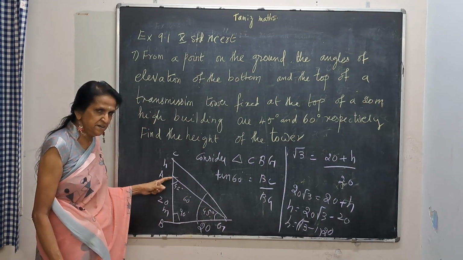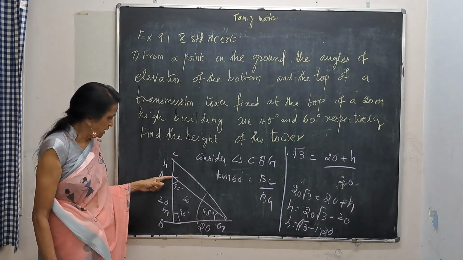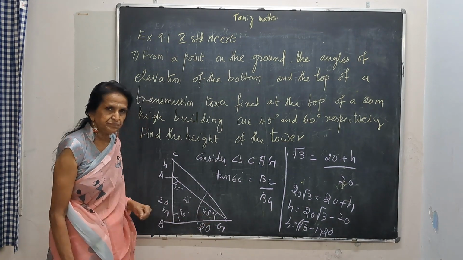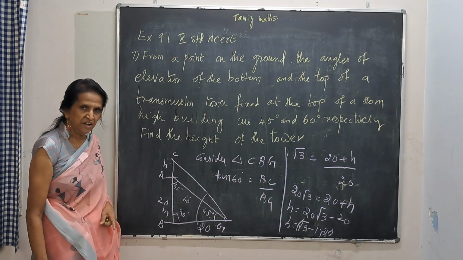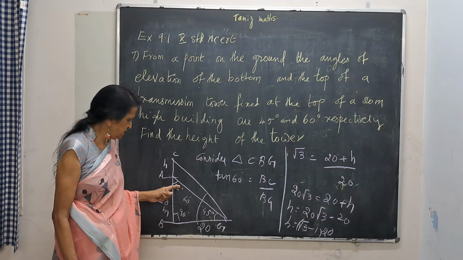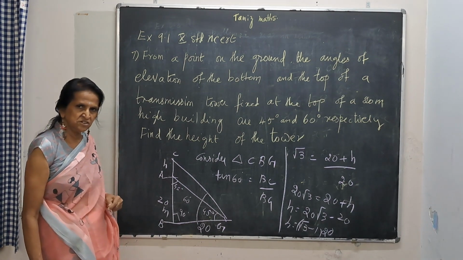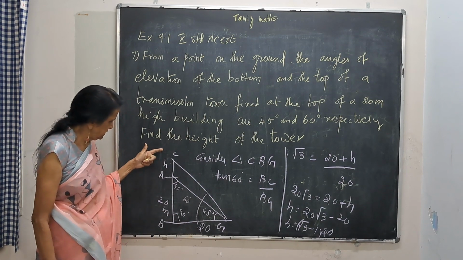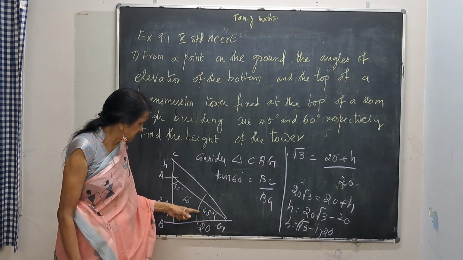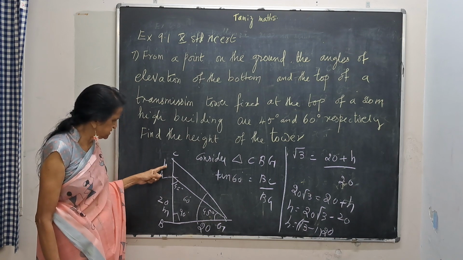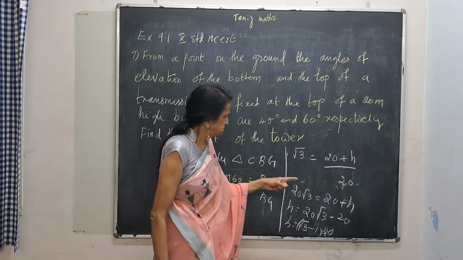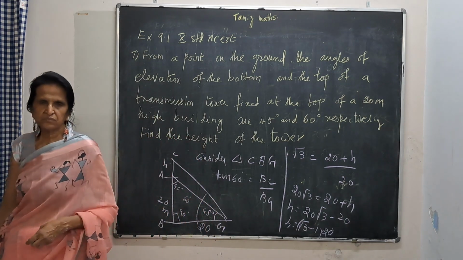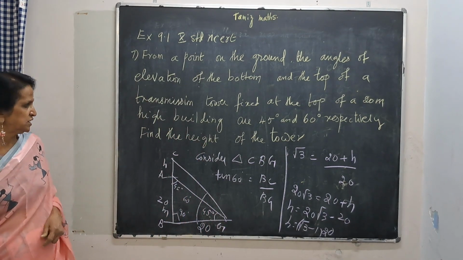This building is 20 and I want H. Triangle ABG is an isosceles triangle because this is 45 and this is 45. So in an isosceles triangle, the sides will be equal, this will become 20. In the triangle CBG, tan 60 will be 20 plus H by 20. So cross multiply and get the value of H. H will be 20 into root 3 minus 1.